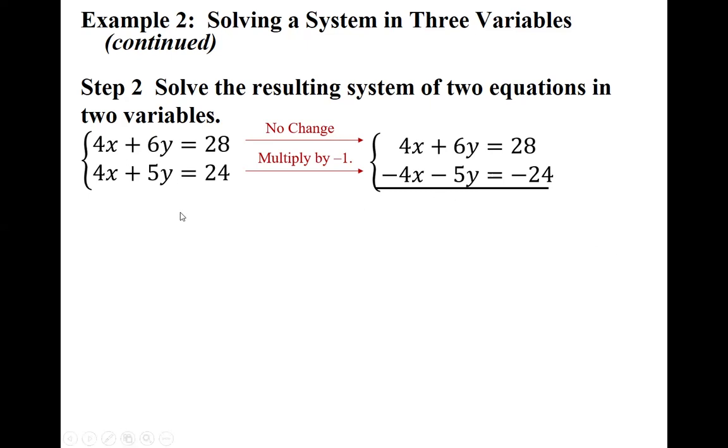Changes all the signs, plus 5y to minus 5y, plus 24 to minus 24. But when we add, we get y equals 4. Right off the bat, no division necessary because of that 6y minus 5y.